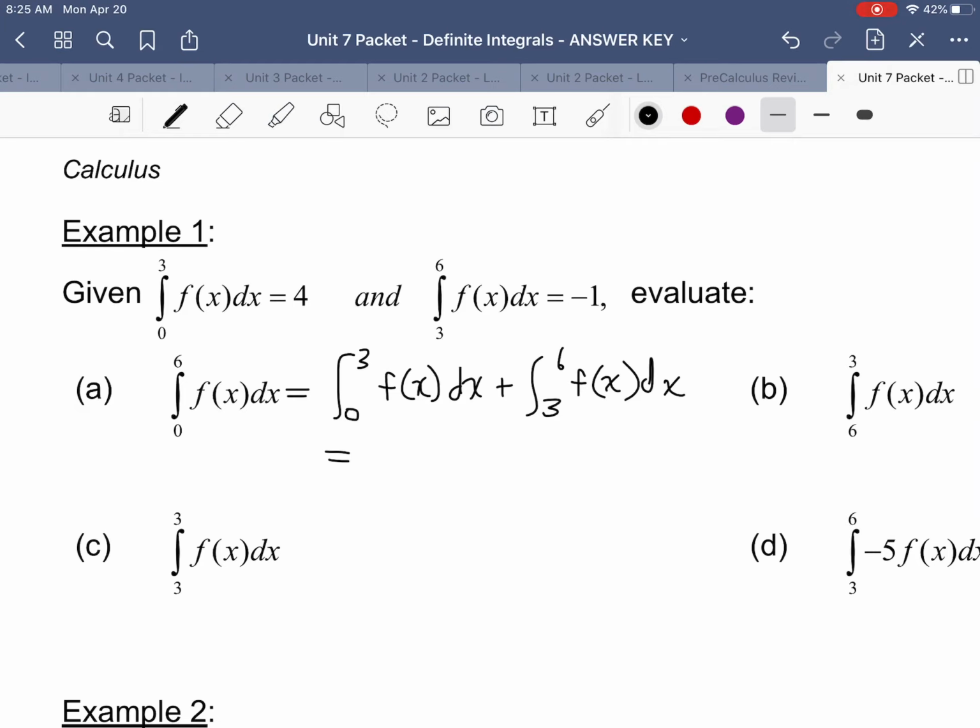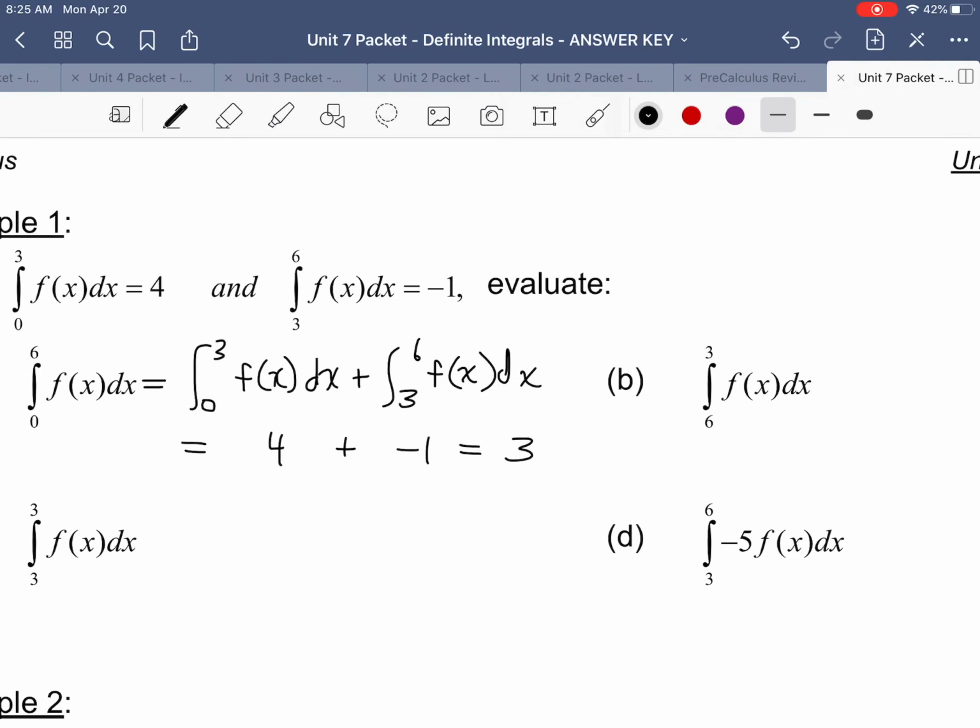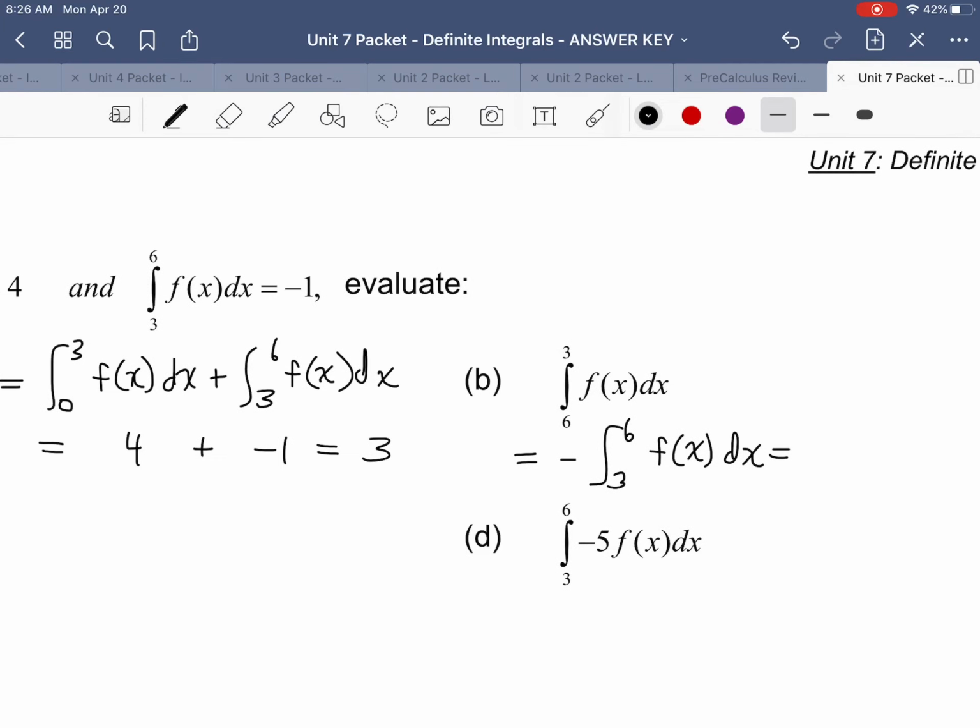They tell us that 0 to 3 has an area of 4, and 3 to 6 has an area of -1, and 4 plus -1 is equal to 3. Going from 6 to 3 is the exact opposite of going from 3 to 6, so we can negate the integral from 3 to 6 of f of x dx. So -1.